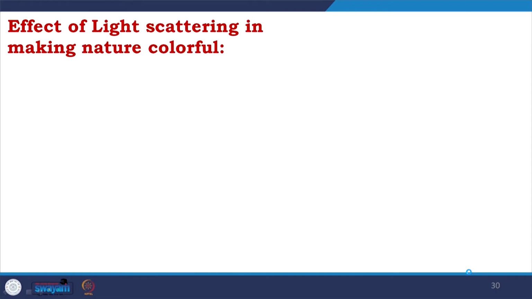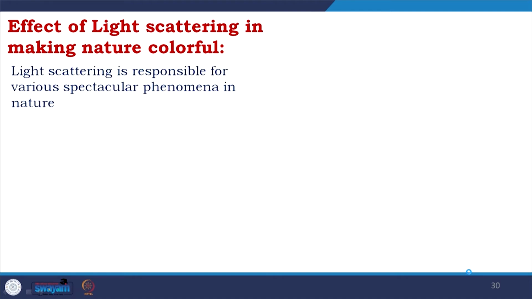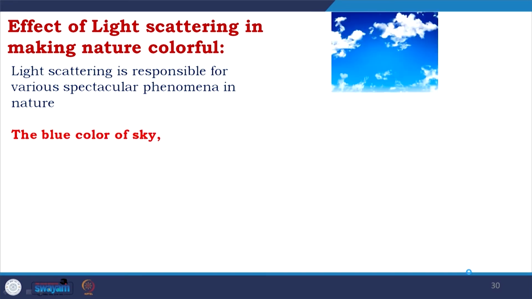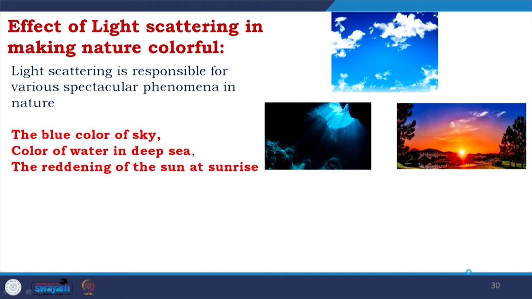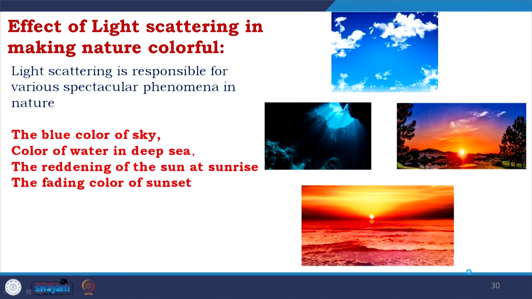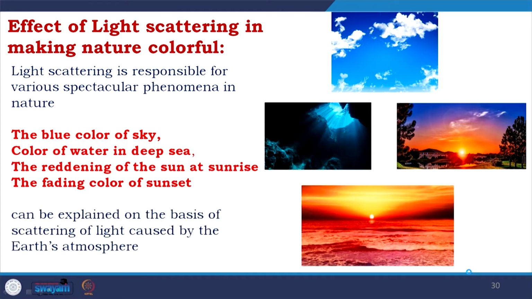What is the effect of light scattering in nature? Light scattering is responsible for various spectacular phenomena in nature. The blue color of the sky, the color of water in the deep sea, the reddening of the sun at sunrise, and the fading color of sunset, all of them can be explained on the basis of scattering of light caused by the earth's atmosphere.